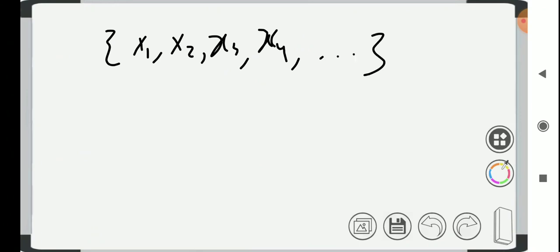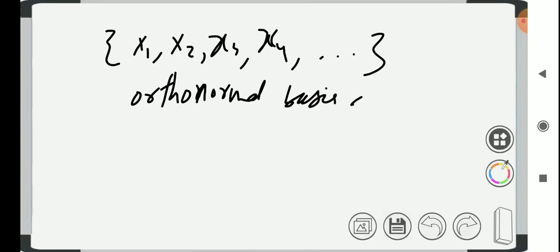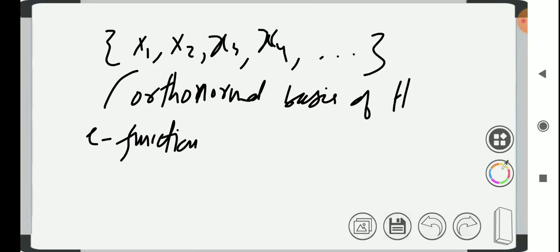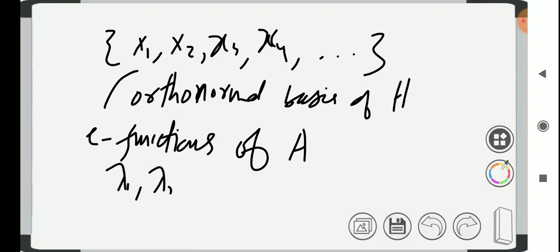This is our orthonormal basis of our Hilbert space H, but these are all eigenfunctions of our symmetric operator A, and let lambda 1, lambda 2, lambda 3, lambda 4 be the corresponding eigenvalues.